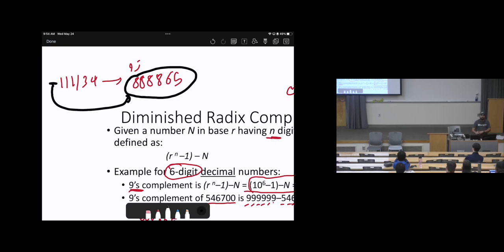So we can get rid of the negative sign. That's the point of using the complements. It's the same as in binary, where we add a digit called the sign bit. Now we will not use a sign bit, we will use complements to represent the negative sign.